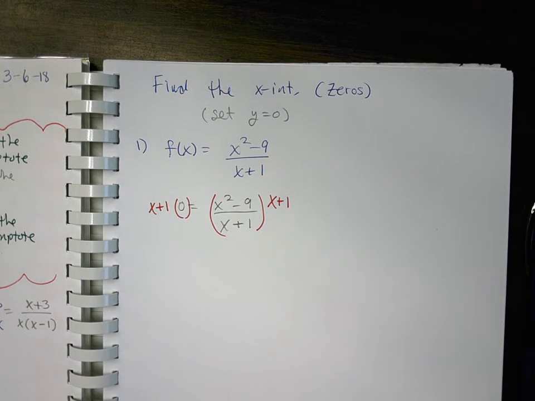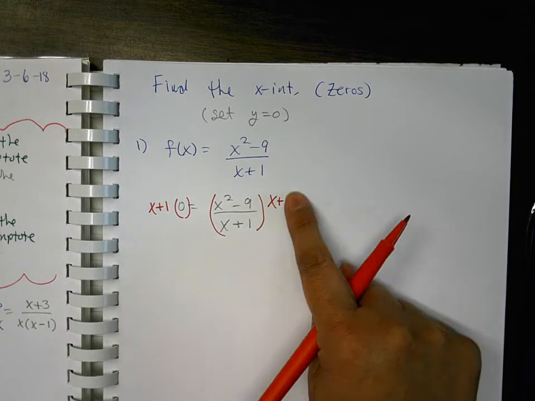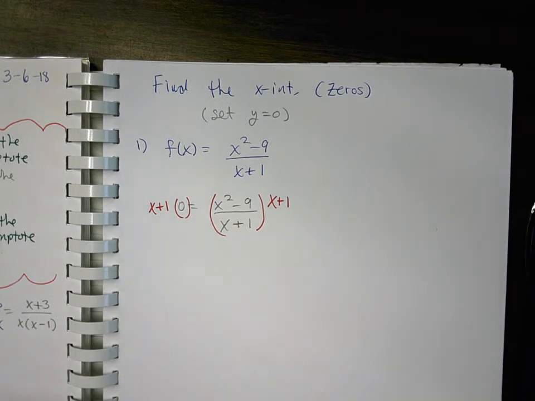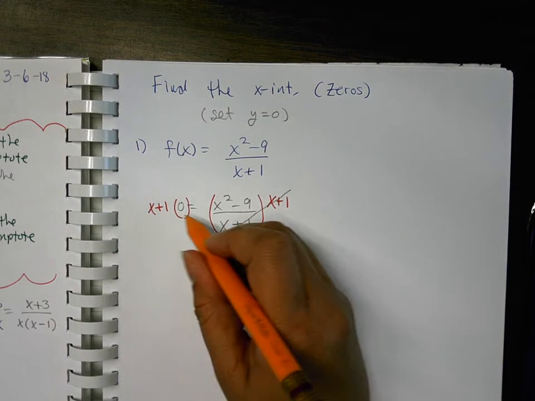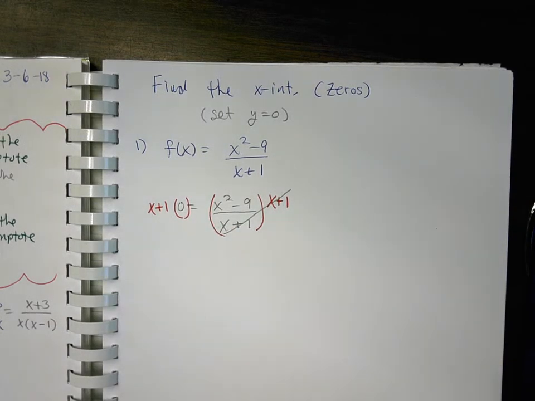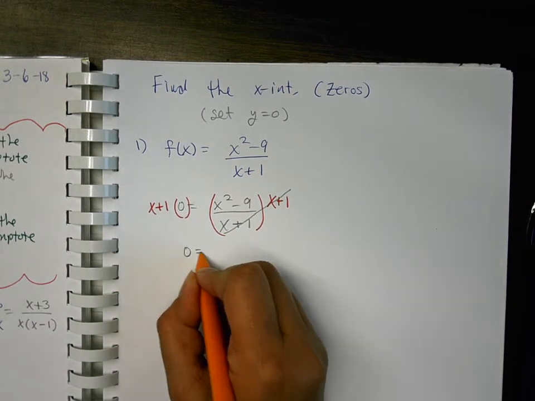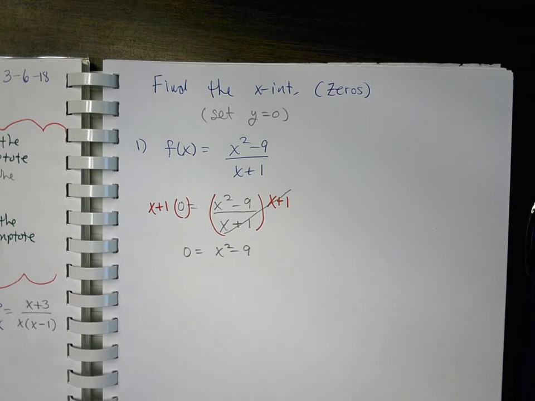And what happens here with the x plus 1s? They cross out. And what happens to x plus 1 times 0? 0 equals x squared minus 9. How do I solve that? Factor, difference of two squares.